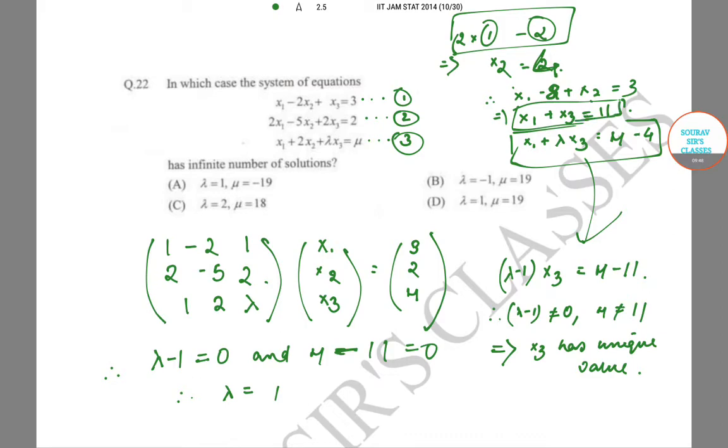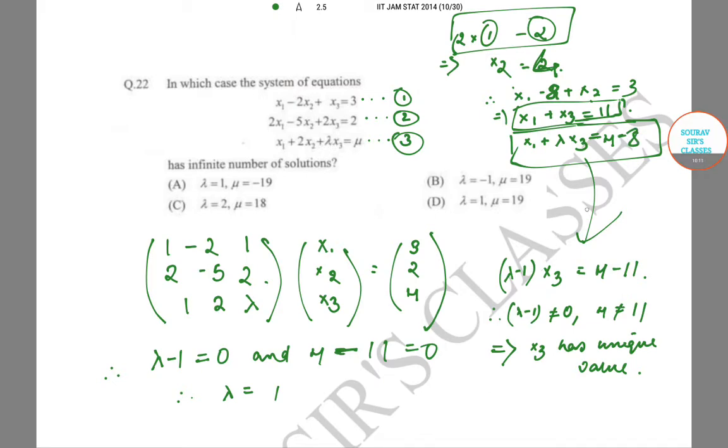This is what we get. And from equation 3 we get x1 plus lambda x3 equal to mu minus 2 times 4, which is 8.